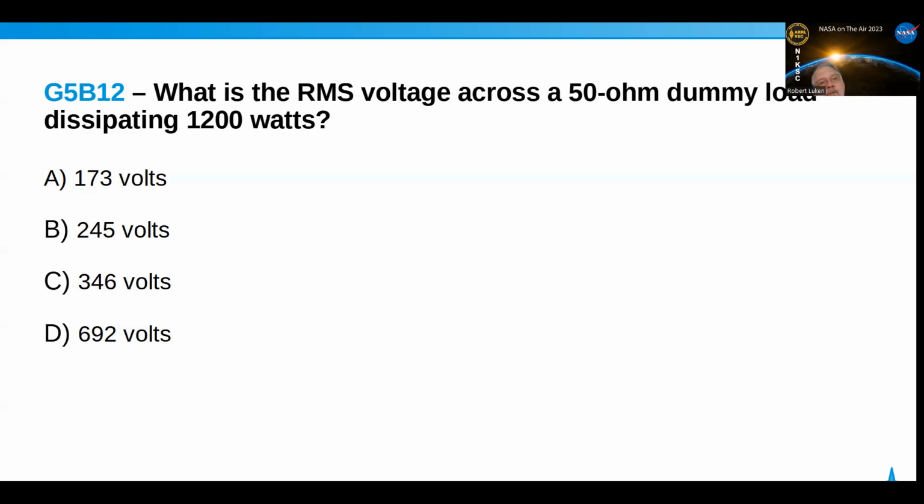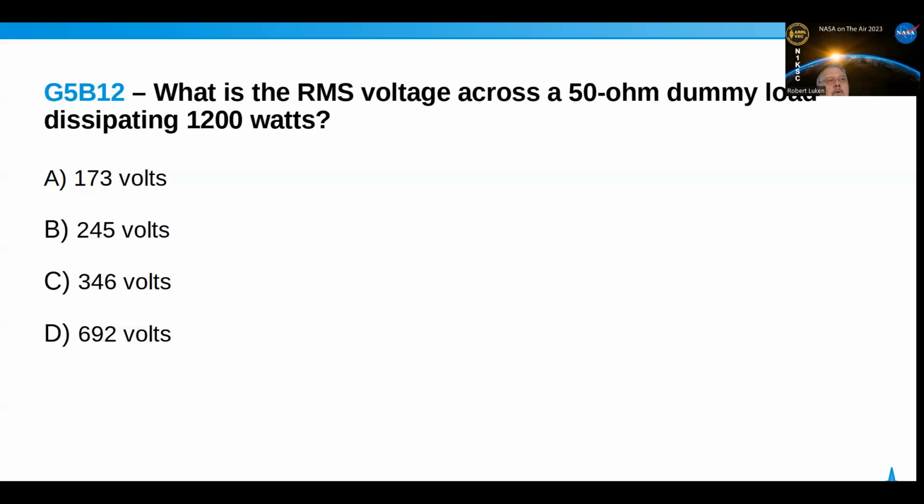So if we rearrange the formula, if I multiply both sides by R, then I'm going to get power times the resistance is equal to the square of the voltage, right?